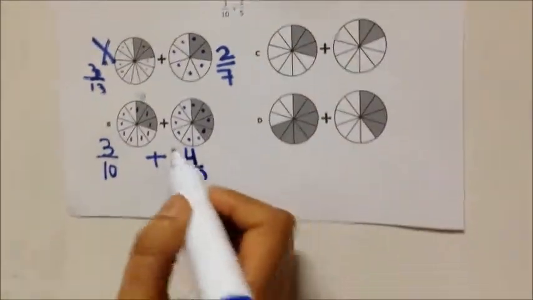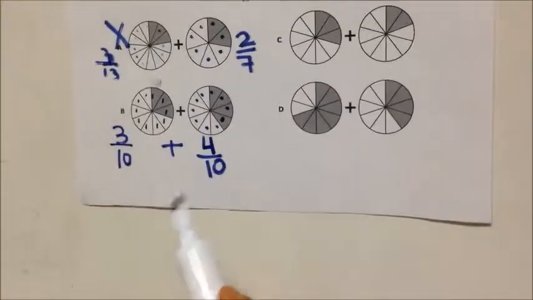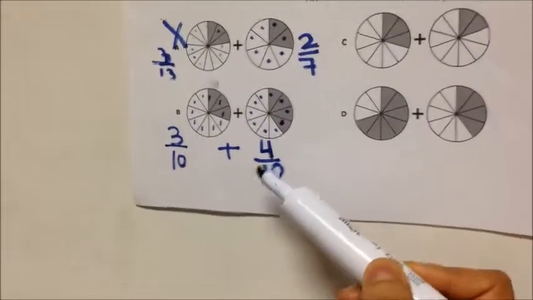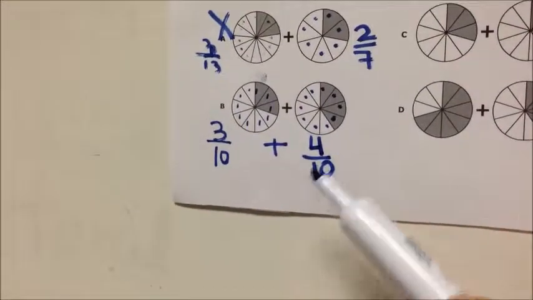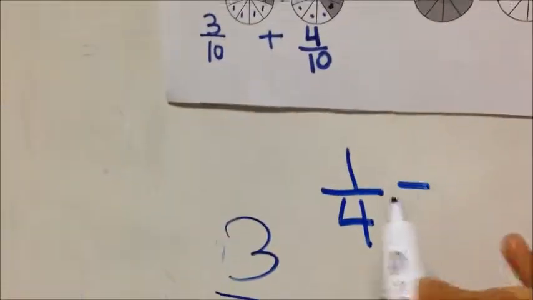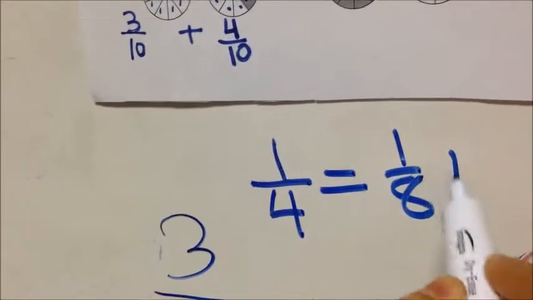So if you notice this fraction, it is not in its lowest terms. If you remember, we said 1/4 is equal to 1/8 plus 1/8.